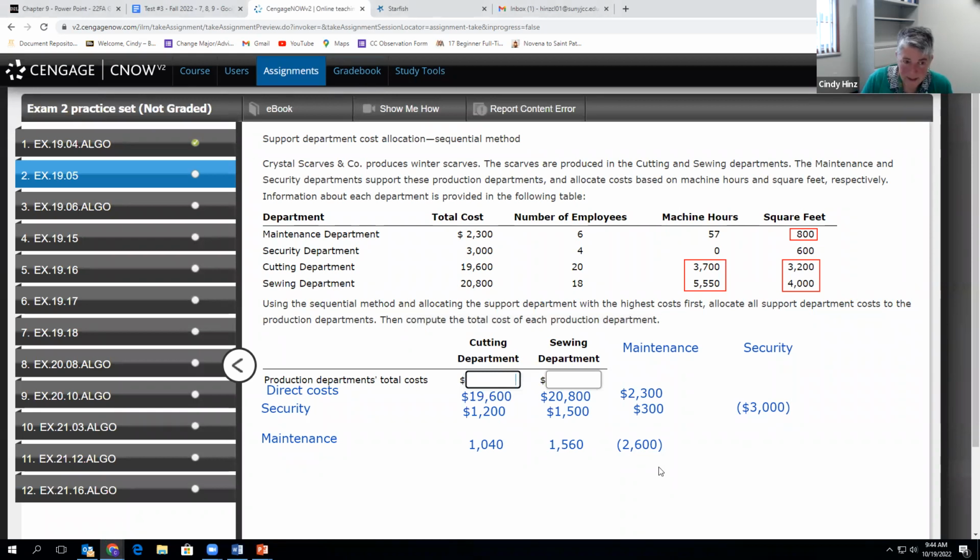So the total cost includes the direct cost plus the allocation from each support department. I'm just adding up that column right underneath where I'm recording the answers. And all of the cost for this company has been allocated to the production departments.